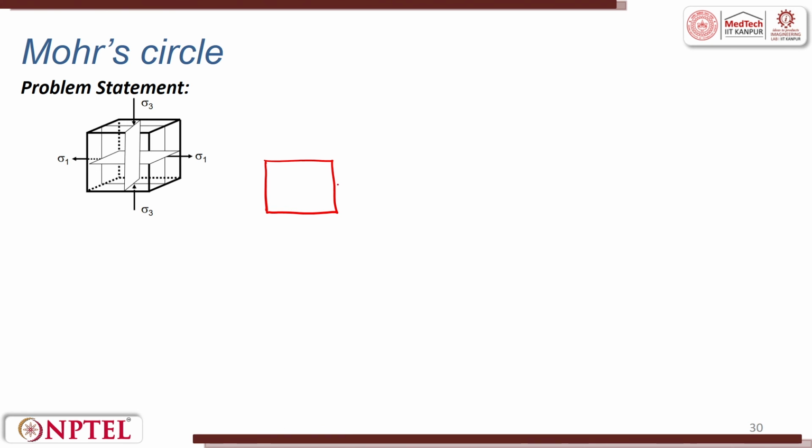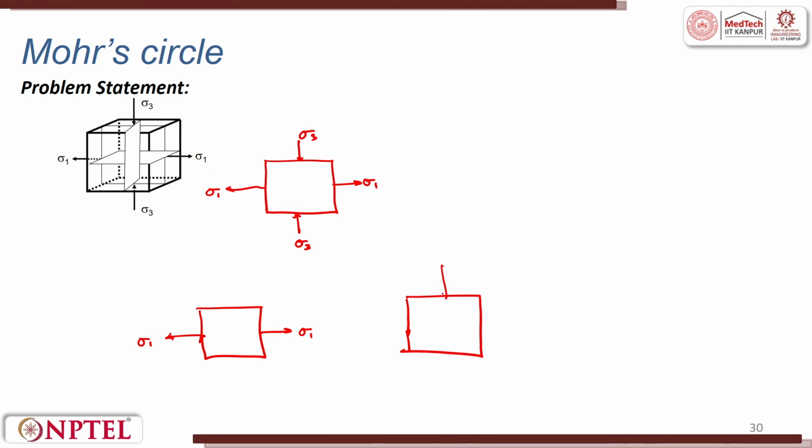This is a tensile stress going in the opposite direction, sigma 1, and a compressive stress putting load inwards, that is sigma 3. So, there are two stresses here, one is sigma 1, that is tensile, and sigma 3, that is compressive.